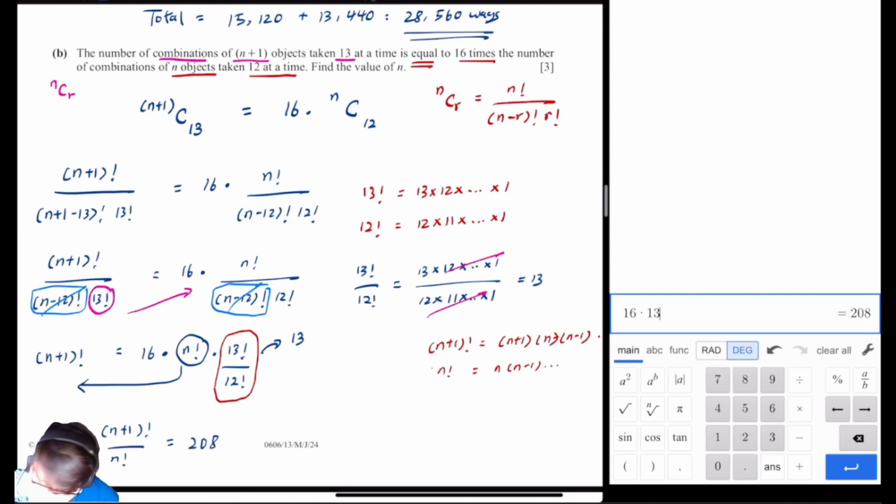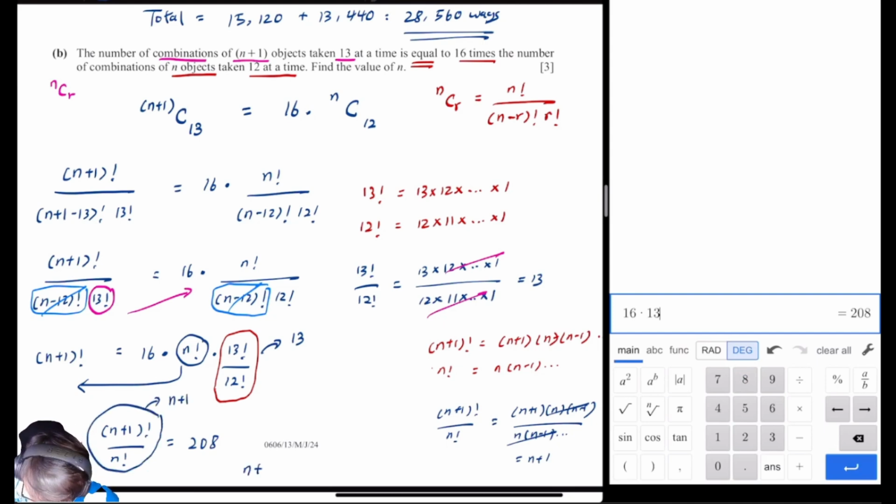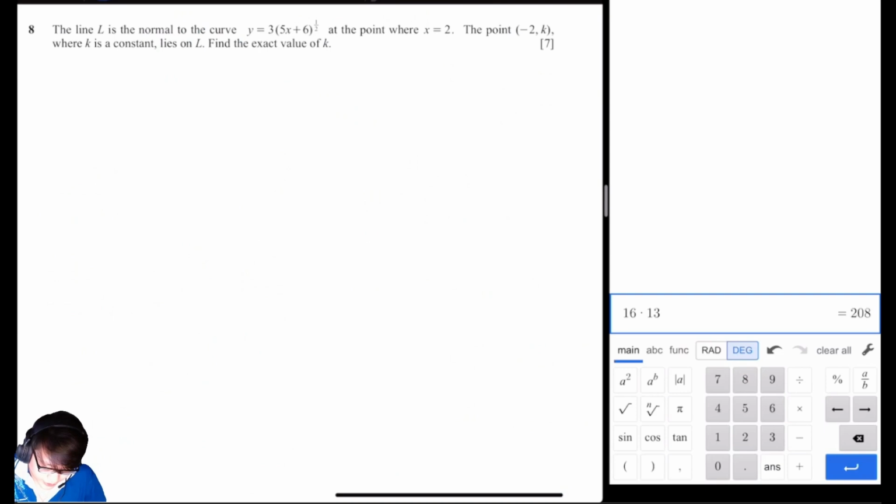So n plus 1 factorial over n factorial is going to be n plus 1 times n times n minus 1 and so on over this. And all the things will be cancelled out, and you're only left with n plus 1. That's how you can simplify this entire thing into just n plus 1. So n plus 1 is equal to 208. Move the 1 to the other side, it will be 207. There we go.